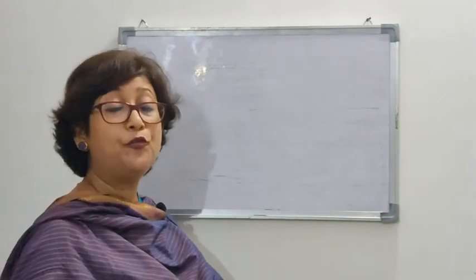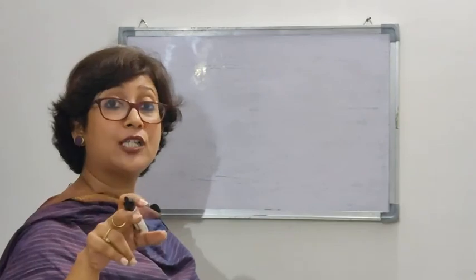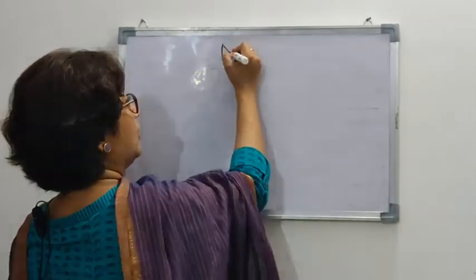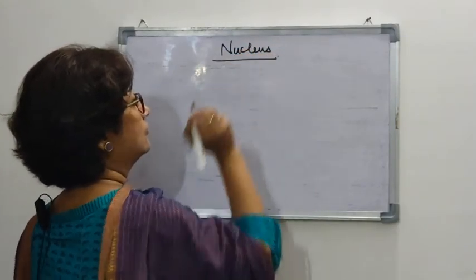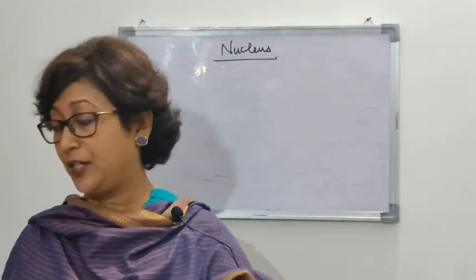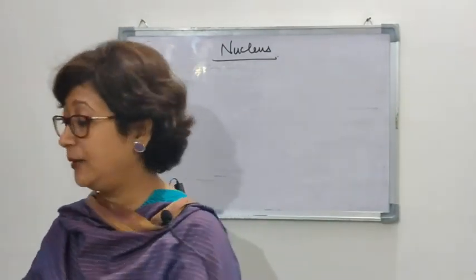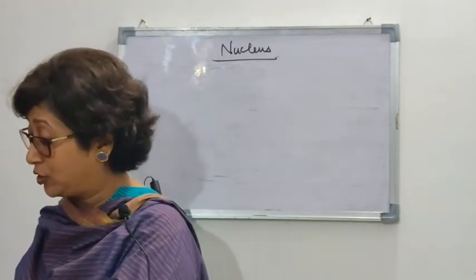So if the nucleus is the brain of the cell, that means the nucleus controls many of the activities of the cell. So we start with the nucleus, the brain of the cell, and the nucleus is found in almost all the cells.